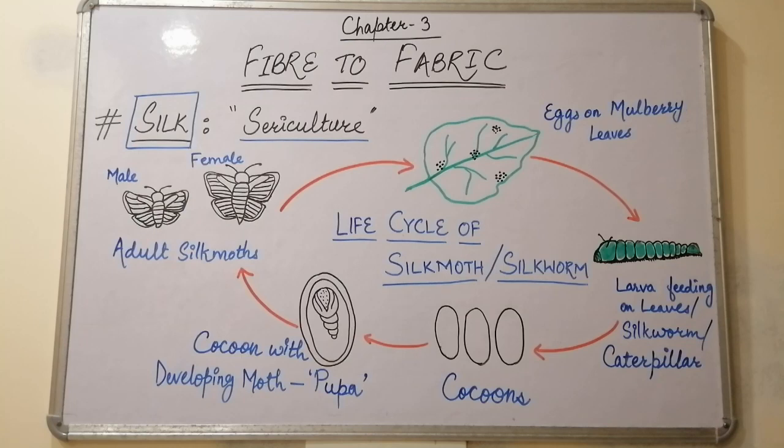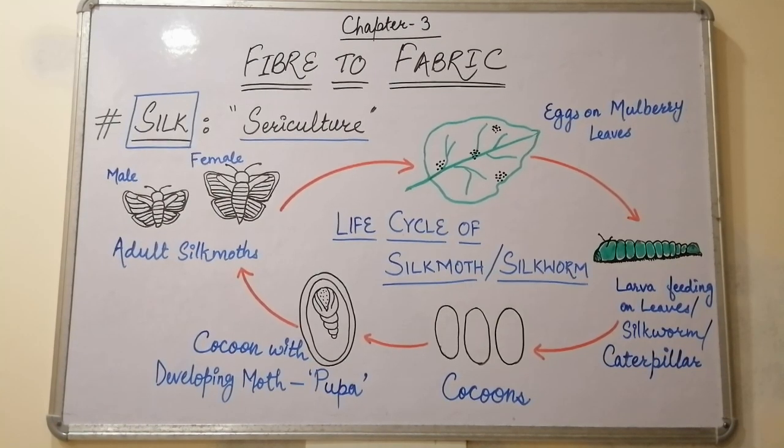After collecting, these eggs are sold to the people who are interested in sericulture, and those people arrange a setup. They arrange the mulberry leaves which are required for feeding the silkworms, and these mulberry leaves are spread on trays.